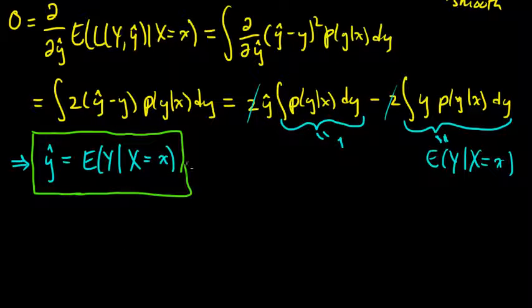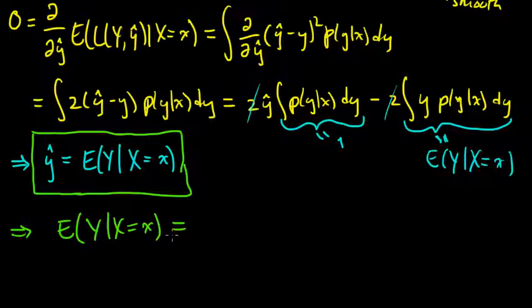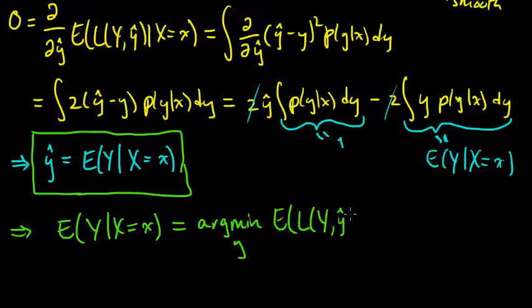So that implies that the expected value of y given x equals little x is the solution to this minimization problem, minimizing the expected loss given x equals little x.